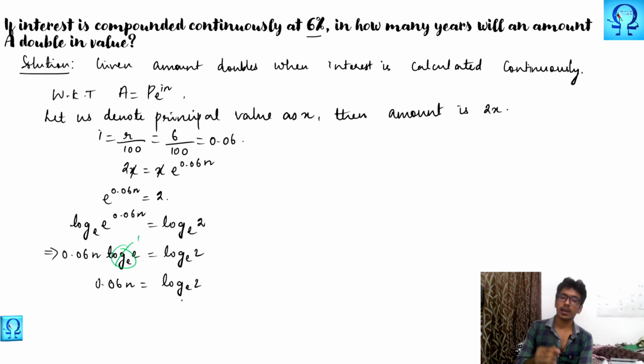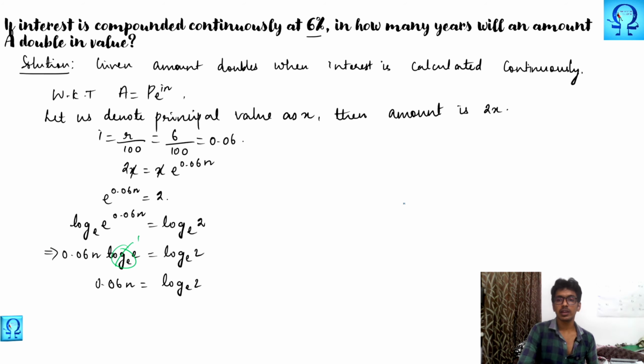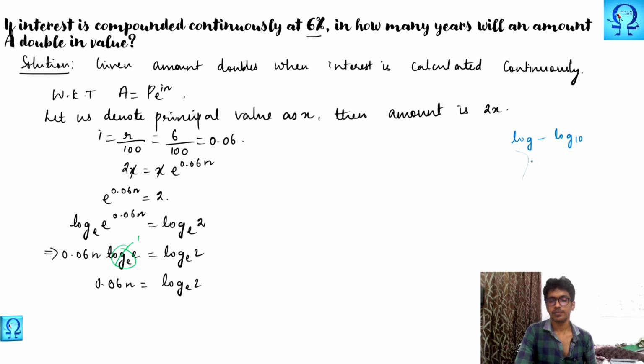So how do we calculate this log to the base e? Hopefully you will make use of a scientific calculator. In a scientific calculator, the symbol log represents log with base 10, and ln represents log with base e. So using this you may do it.